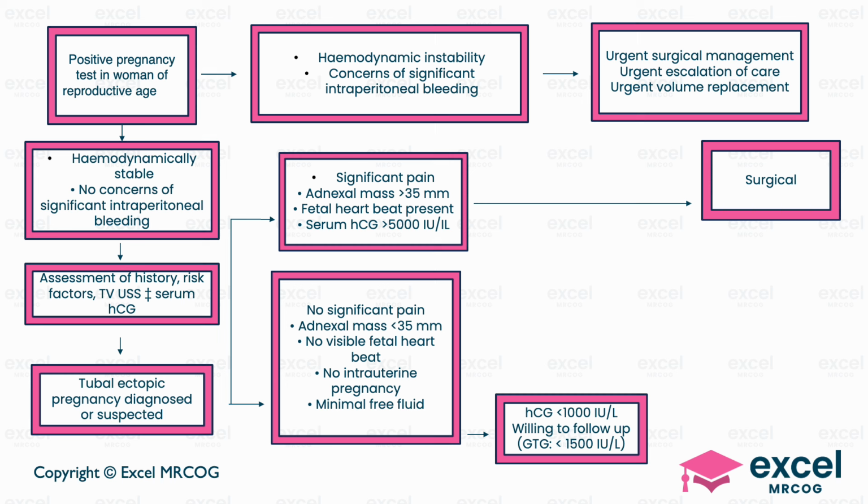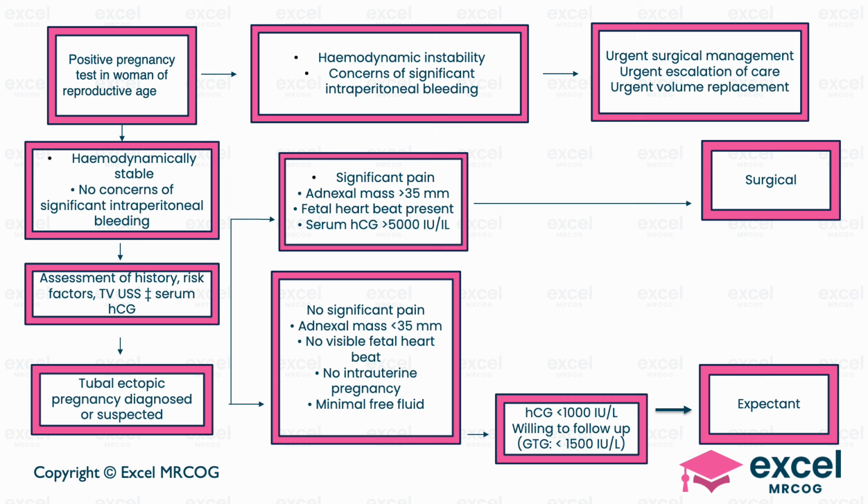As per the Green Top guideline, even if it is less than 1,500, we could offer an expectant management, right? So as per the NICE guidelines, they say that if it is less than 1,000, expectant management can be offered. GTG says less than 1,500. NICE guidelines also mentions that between 1,000 to 1,500, we can consider expectant.